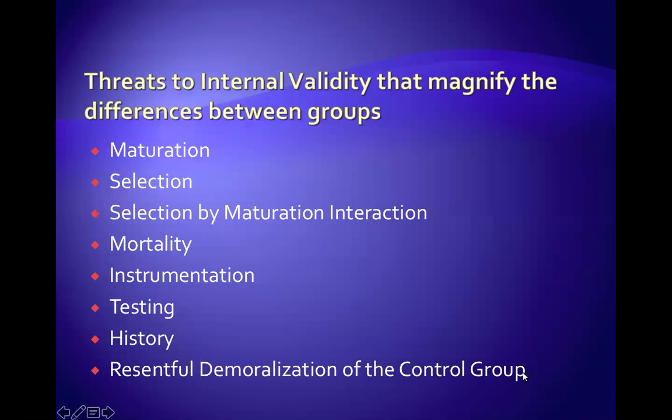So let's say you have 2 groups, one's the intervention group, one's the control group, and the intervention group is getting all of this really good up-to-date type of treatment, and the control group is just getting the same old. If the control group finds out that they're in the control group and that this other group is getting advanced therapy, they might just become demoralized and stop trying altogether, and thus magnify the difference between the results between that group and the intervention group altogether.